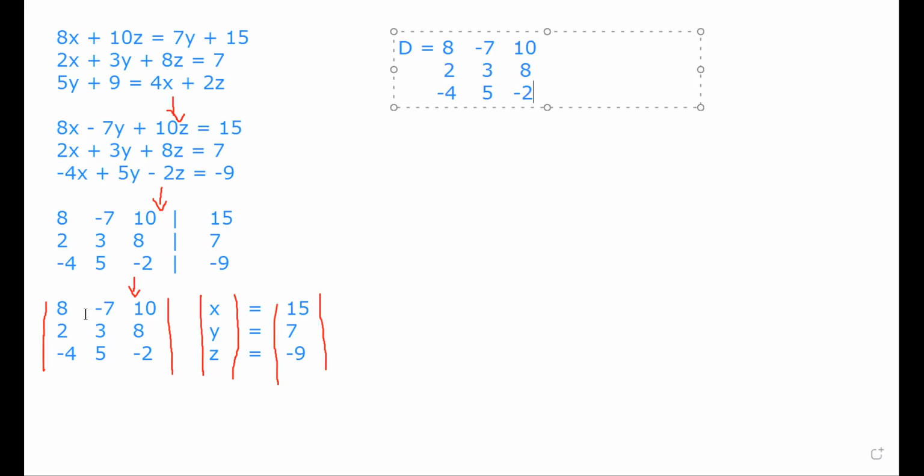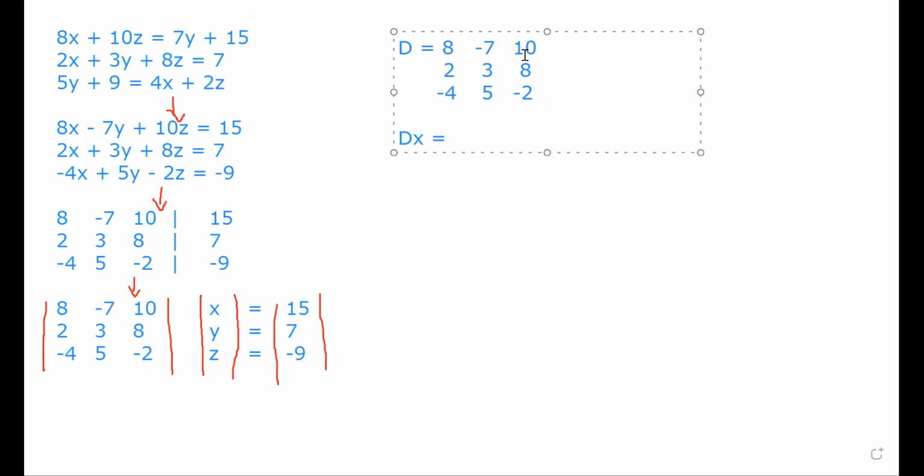This is the original matrix. And from this one, we have to find matrix dx. dx means x is the first position. This is the position of x. And the second column is the position of y.